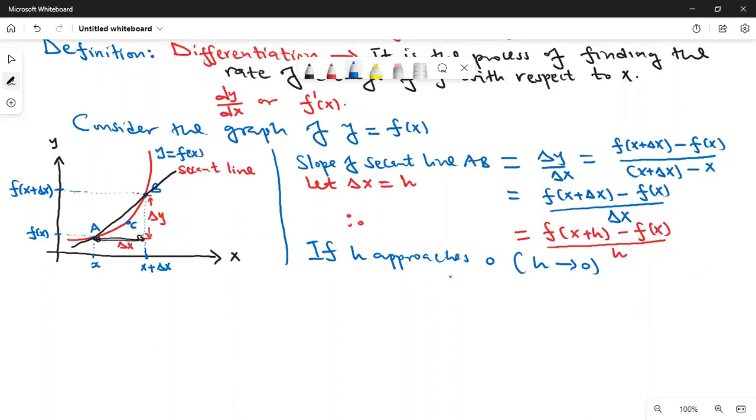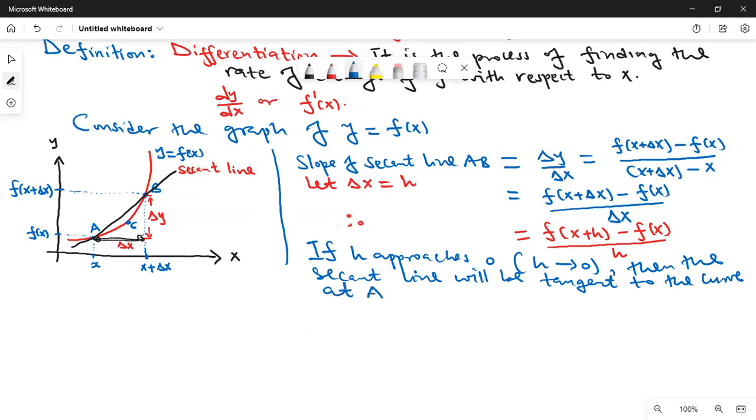If the change in x approaches 0, then it means that the secant line will be tangent to the curve at A. And how do you get the gradient of a curve at a point at A whose slope is what you are calling dy dx or f prime of x?